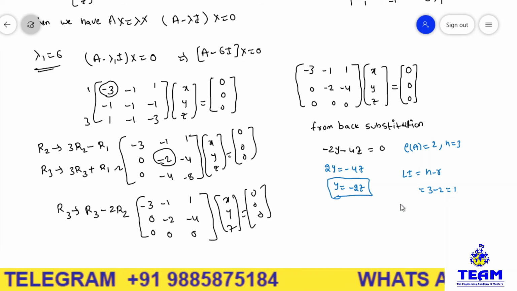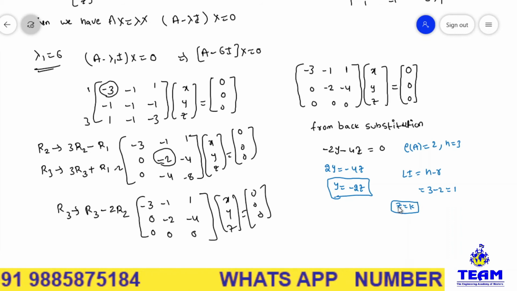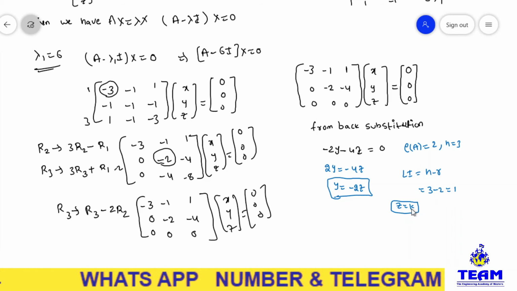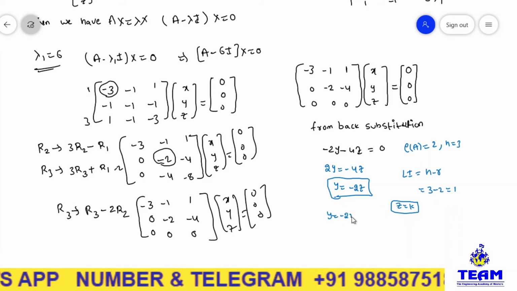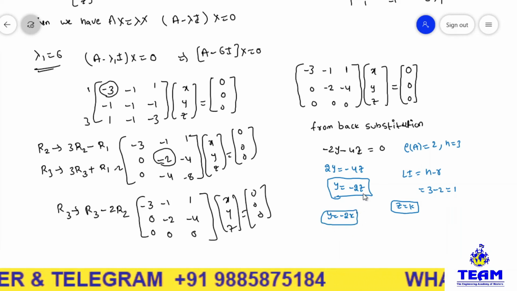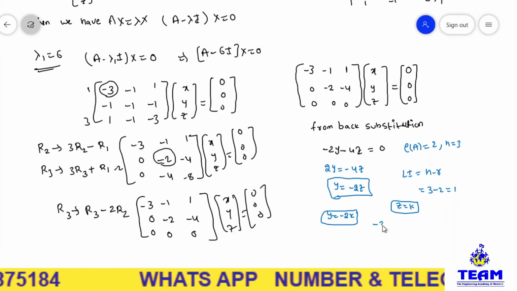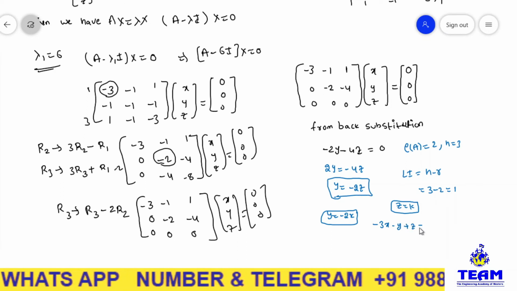So let us consider that LI solution z is equal to k. LI means linearly independent. So let us consider z is equal to k as a linearly independent solution. Then y is equal to minus 2k. Now I got the values of z and y. So by back substitution, the first row will be minus 3x minus y plus z is equal to 0.